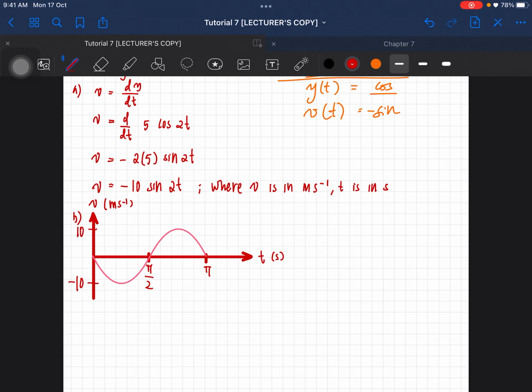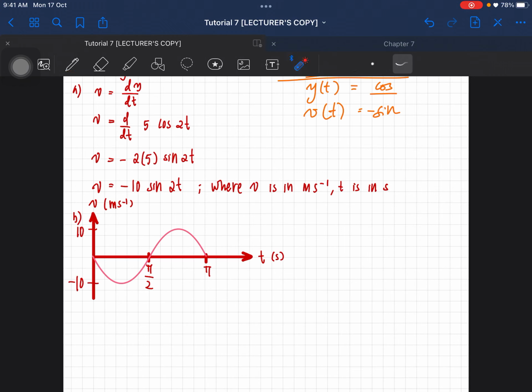Let me just calculate that because it's not for amplitude. It should be for pi over 4. Wait, let me just double check this. So it should be negative 5 over 2.